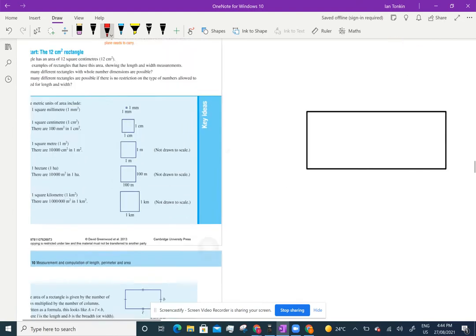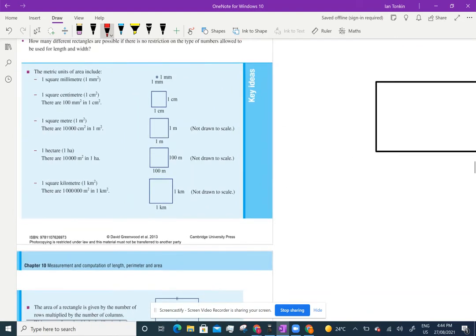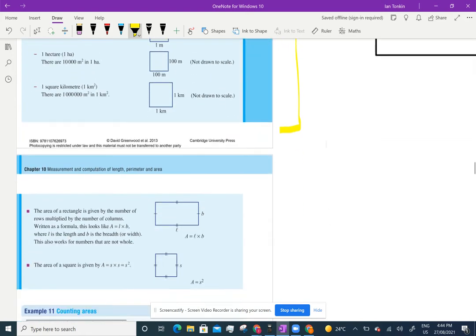Now, here they talk about converting, and I'm going to give you a piece of advice. Trying to convert square units, so metres squared to kilometres squared or centimetres squared to metres squared, is fraught with danger and difficult. We can do it, but we're going to leave it for the moment. We'll leave that towards the end of the unit.